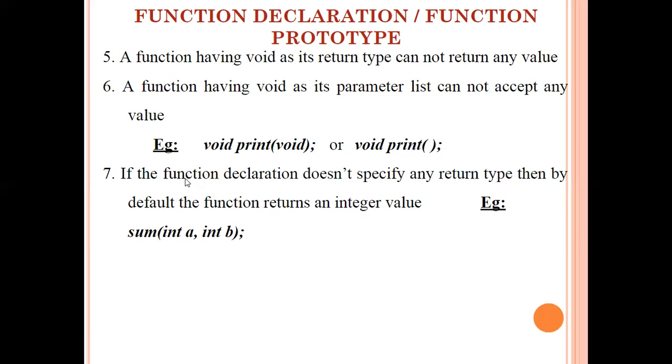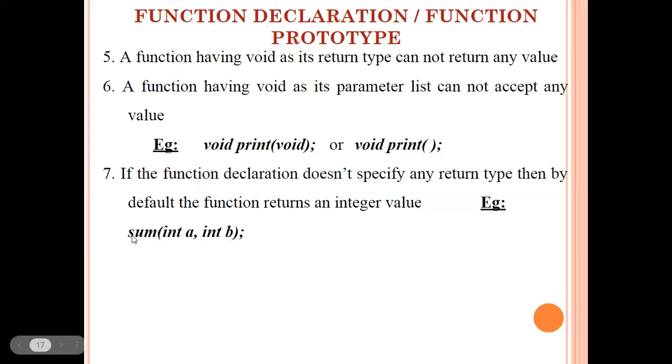Next, if the function declaration doesn't specify any return type, then by default the function returns an integer value. Suppose you did not give any return data type for a particular function, then it automatically considers integer as its return data type.